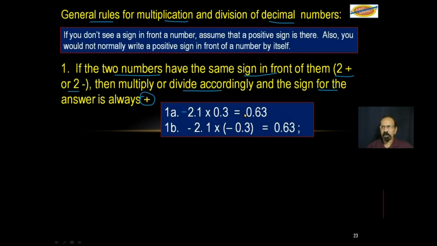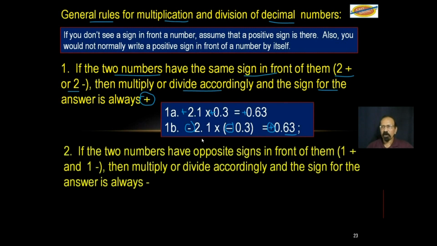You have a plus here, you have a plus here, you also have a plus here, but you don't write those. Now, negative 2.1 multiplied by negative 0.3 is equal to positive 0.63. Like signs, multiplying and dividing will always give you plus in your answer.